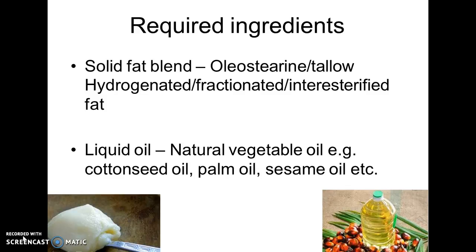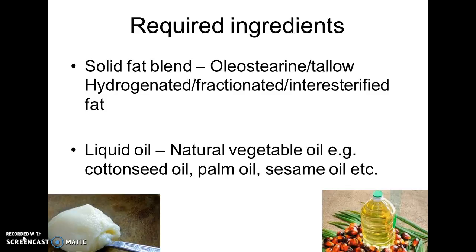That means plasticity cannot be incorporated only in the liquid oil alone, unless and until solid fat is blended in this liquid oil in a definite proportion. So this blending has some challenges that we will discuss later on.